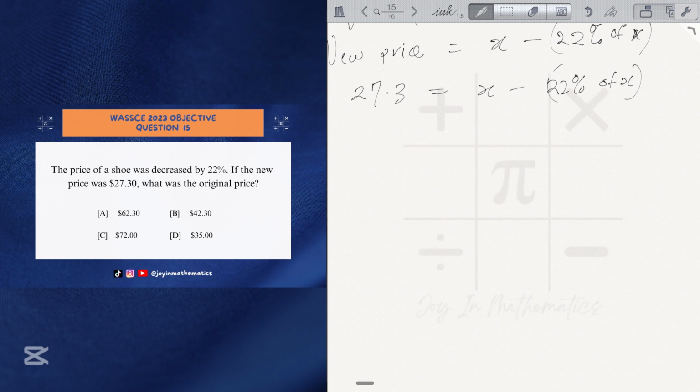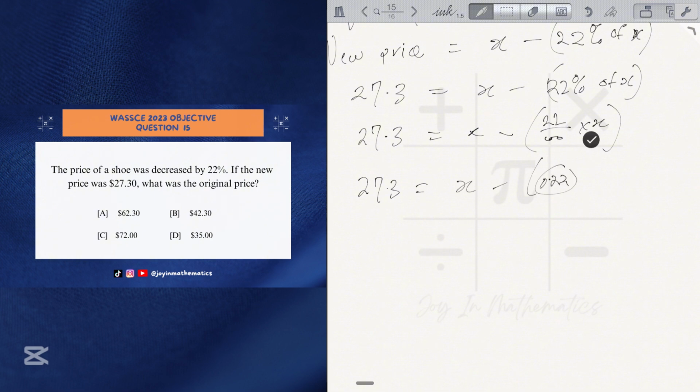So we have 27.3 equals x minus 22 over 100 multiplied by x, and we have 27.3 equals x minus 0.22 multiplied by x.